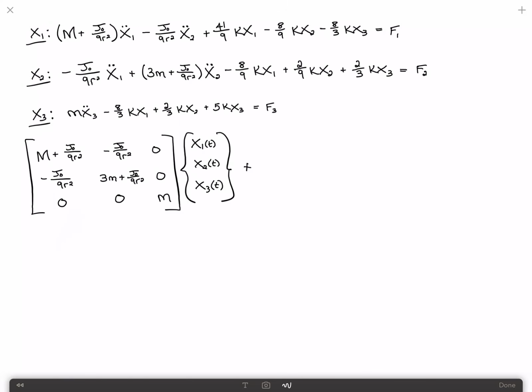Plus, this would be 41 over 9. Okay, minus 8 over 9 k, minus 8 over 3 k, minus 8 over 9 k, 2 over 9 k, and 2 over 3 k.